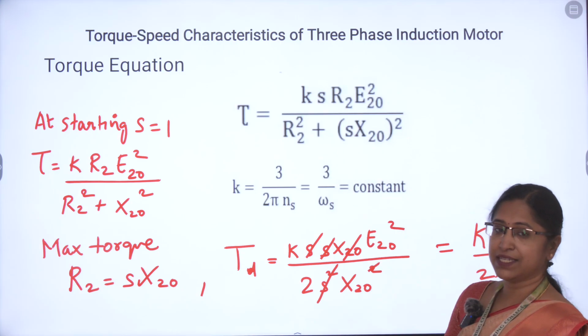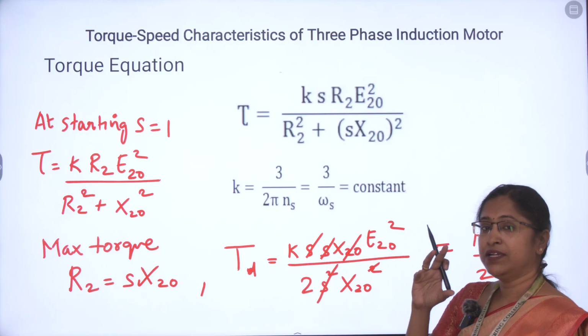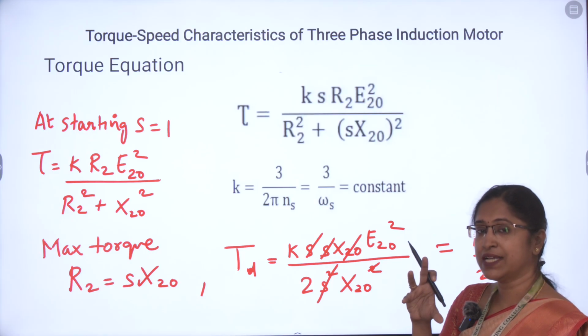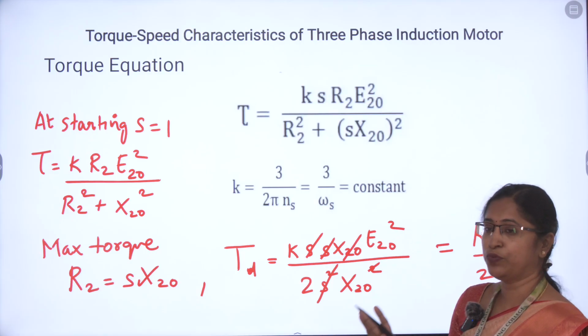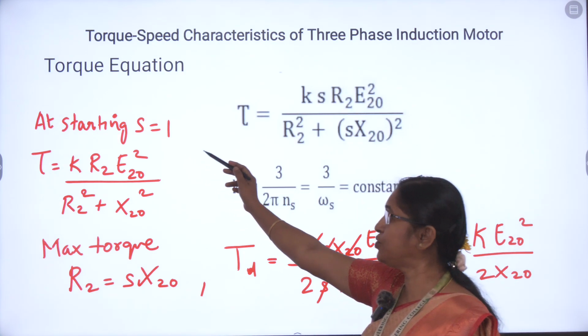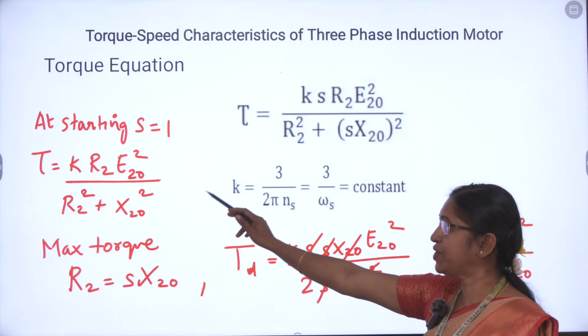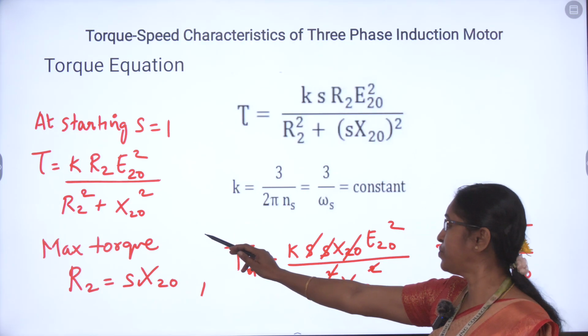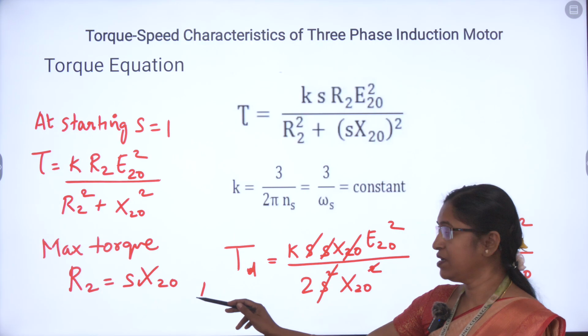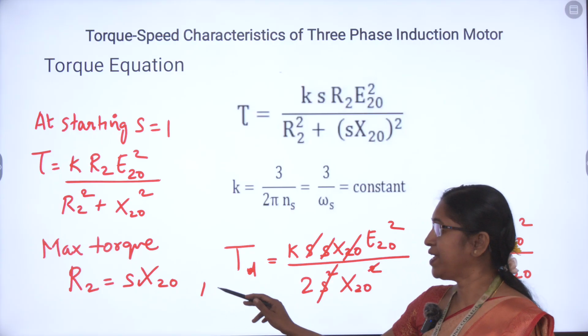But at starting condition, as I said, the motor is at standstill, so the slip value will be equal to 1. So when S equals 1, the torque formula will be K R2 E2 naught square by R2 square plus X2 naught square. But at maximum torque, the condition is R2 equals S times X2 naught.